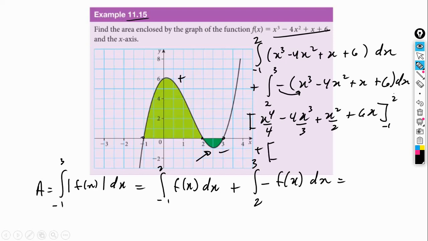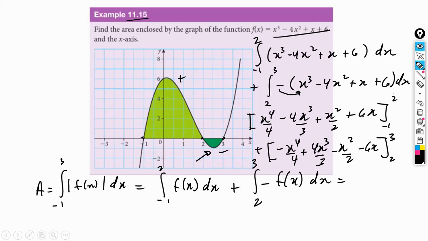Plus negative x to the 4 over 4 plus 4x cubed over 3 minus x squared over 2 minus 6x. So notice that it's the opposite of the previous one. And then we integrate this from 2 to 3.